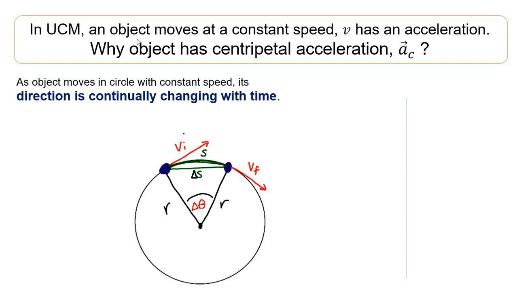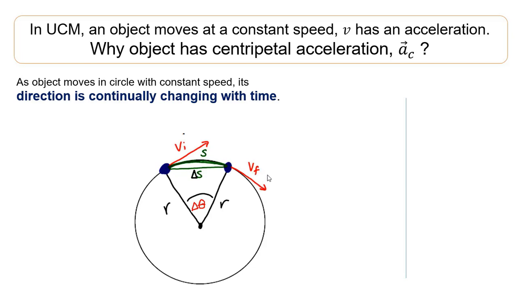Why does an object have centripetal acceleration? As the object moves in a circle with constant speed, its direction is continually changing with time. Let's consider these 2 points in this diagram. This point is the initial point, corresponding to the initial velocity, and this point is the final point, corresponding to the final velocity.